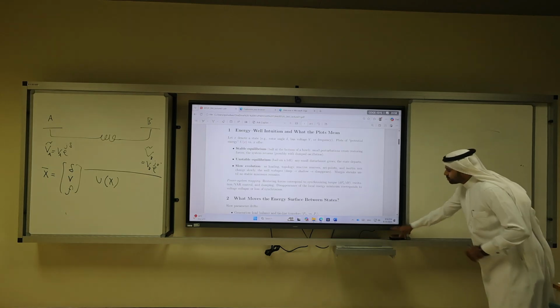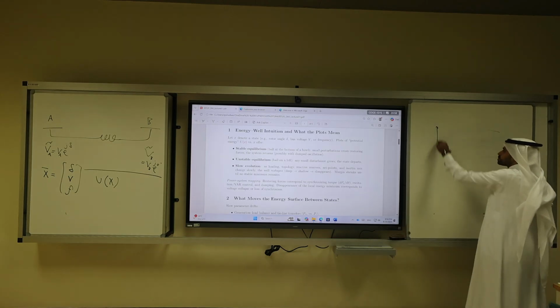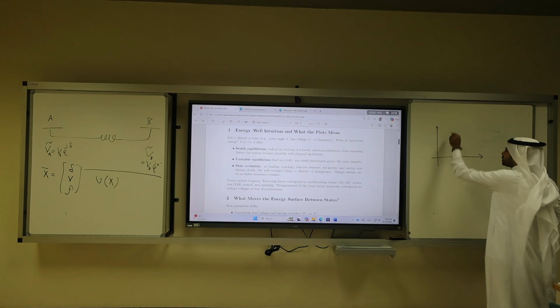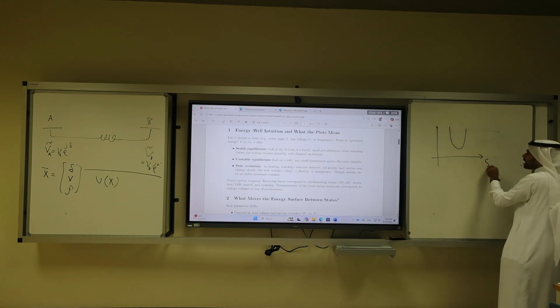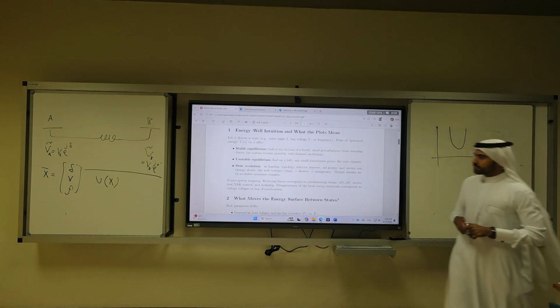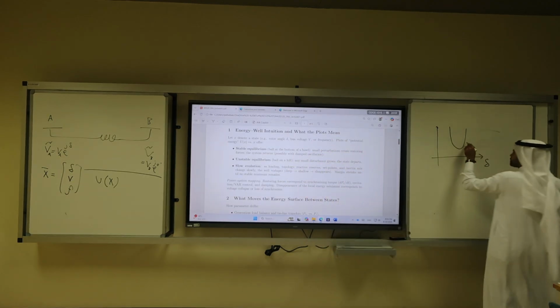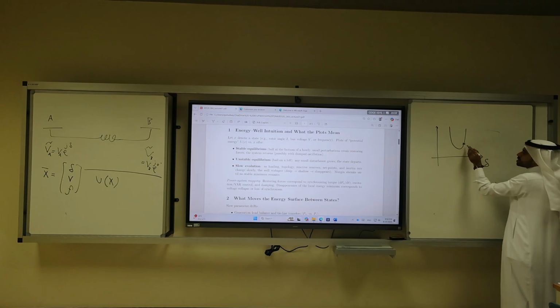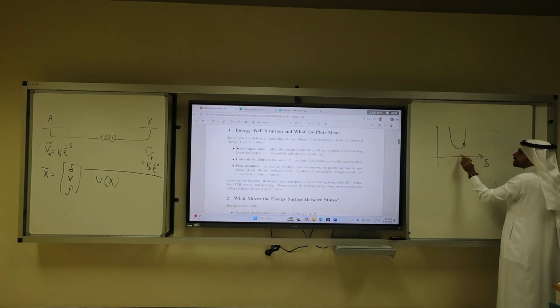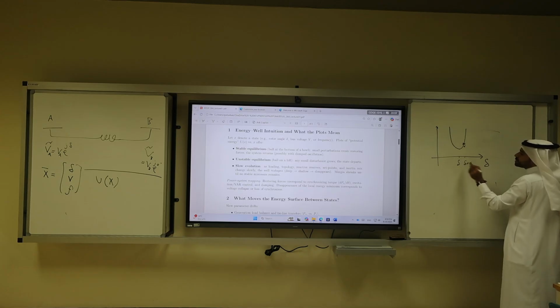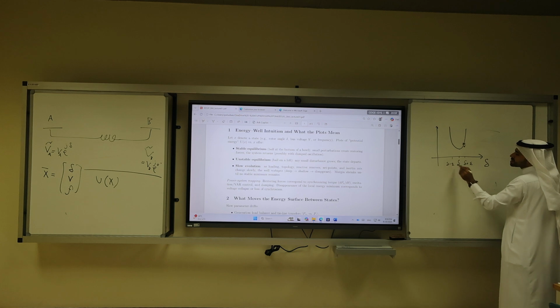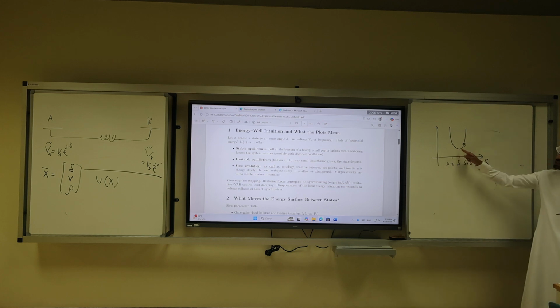Let's say we plot this, with delta on the axis. Let's say we are at this location. Any movement here would drive us to the bottom of the curve. This is delta, this is delta plus some epsilon, this is delta minus some epsilon. I'm changing the delta a little bit. If I change delta here, the system can go back.